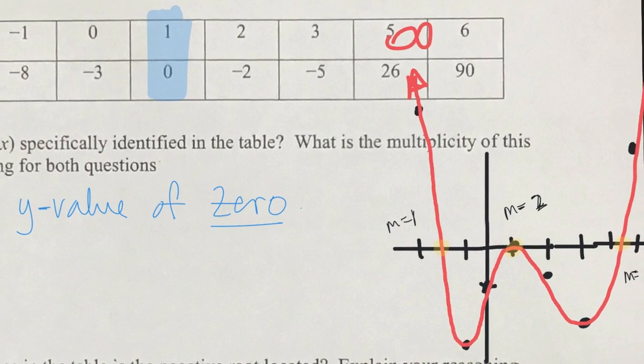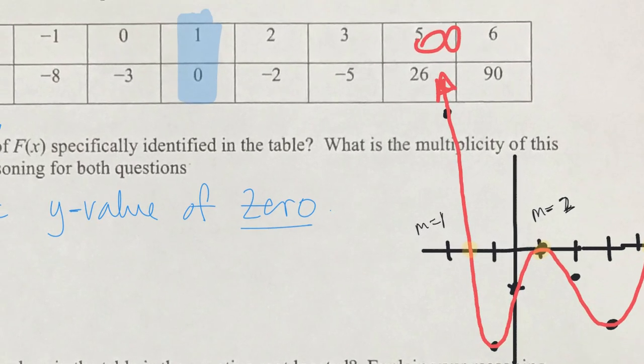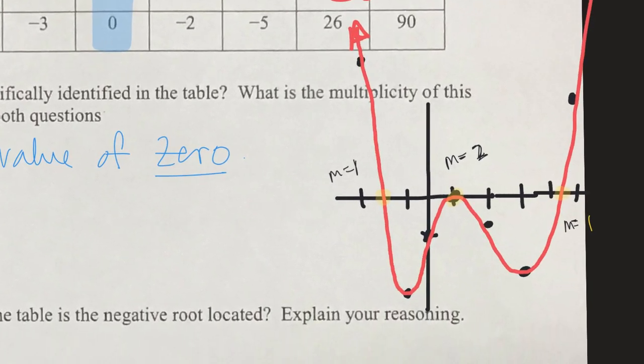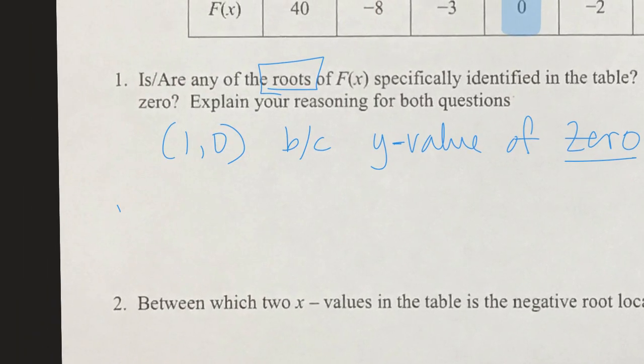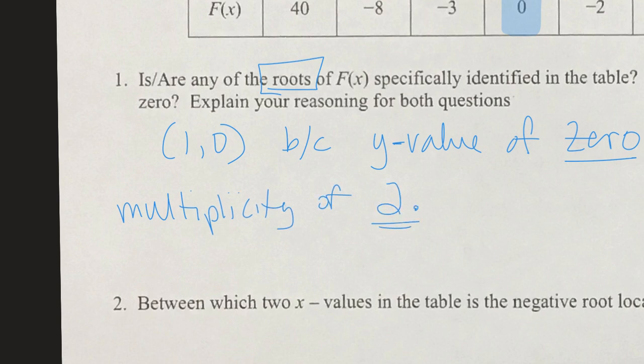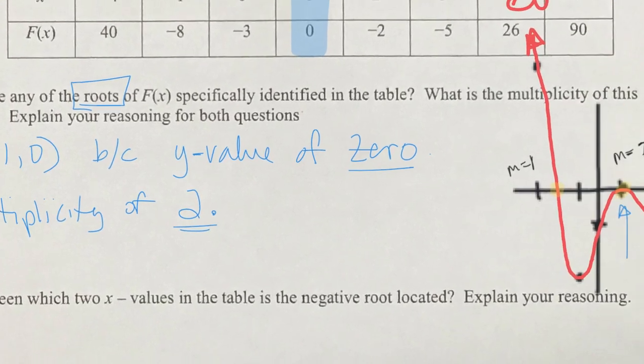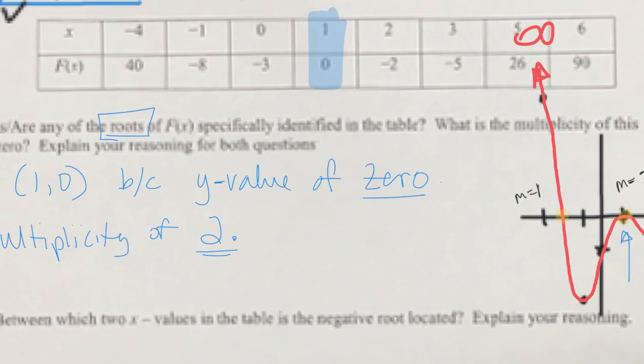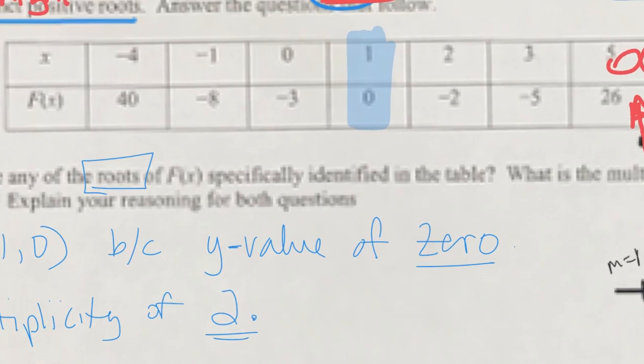Okay, the next question is about the multiplicity. So what did we think the multiplicity was at 1, 0? We said that multiplicity must be a 2. Okay, graphically it bounces, right? When we drew that out there, we assumed that it bounced. But look at the y values.